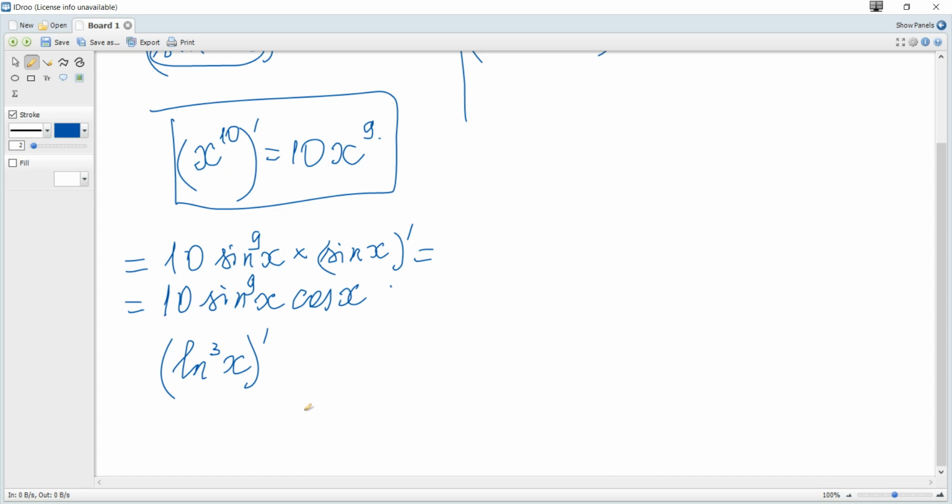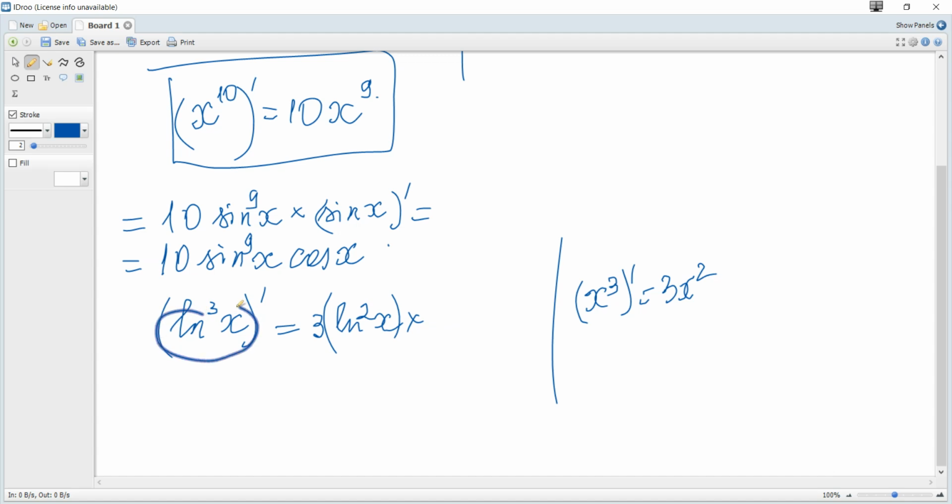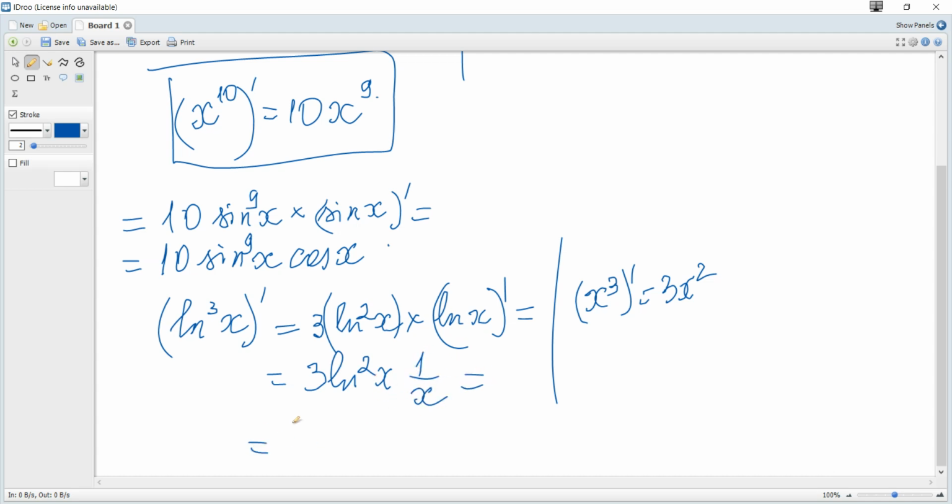There is a power, so we use the rule for x cubed, and the x cubed derivative is 3x squared, but instead of x we just copy all this expression without power, so it is equal to 3 ln squared x, and according to chain rule we should multiply by the derivative of ln x, and again it's just given in the data booklet. Derivative of ln is just 1 over x, hence it is equal to 3 ln squared x over x.